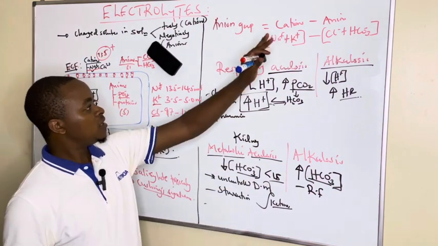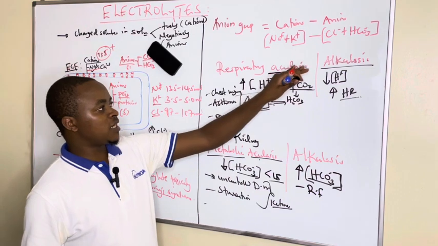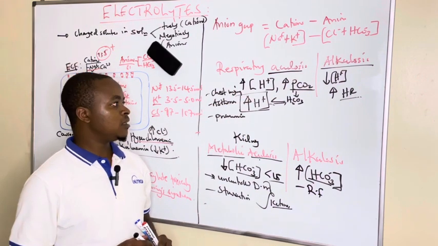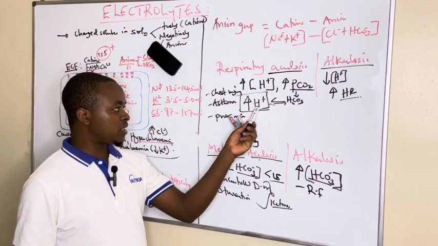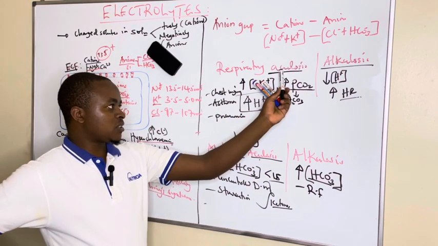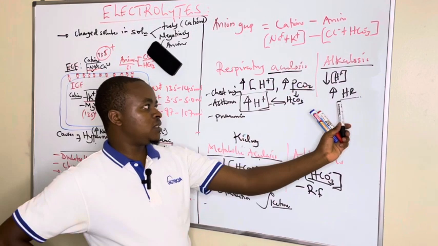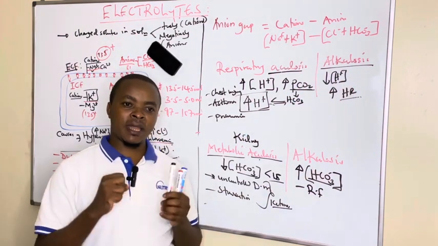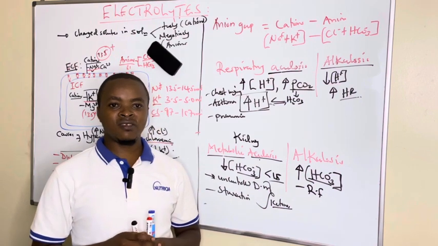Then we have seen respiratory acidosis and alkalosis being in terms of partial pressures of carbon dioxide, bringing about either increased hydrogen ions, which is acidosis, or decreased hydrogen ions due to alkalosis. And that one depends on the breathing rate of an individual.